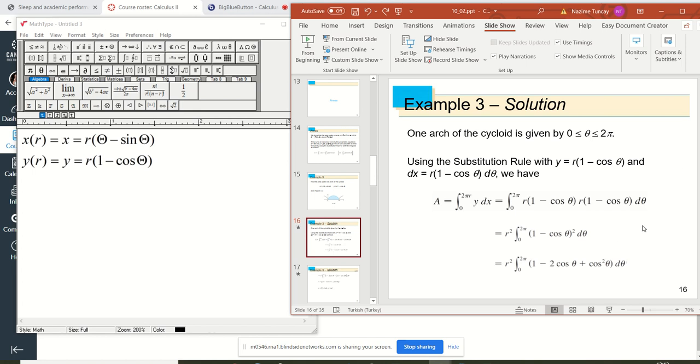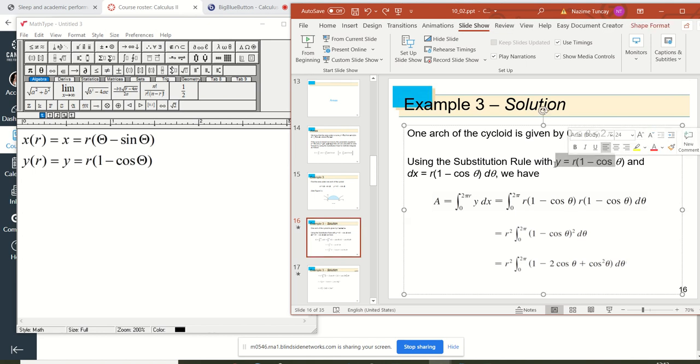It's a complete turn here, 2π. Using the substitution rule for this y here, we find the derivative of x with respect to theta. We are going to find the area under this curve. Our aim is to find the area under this curve.